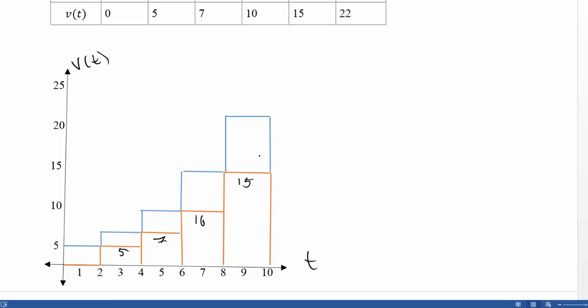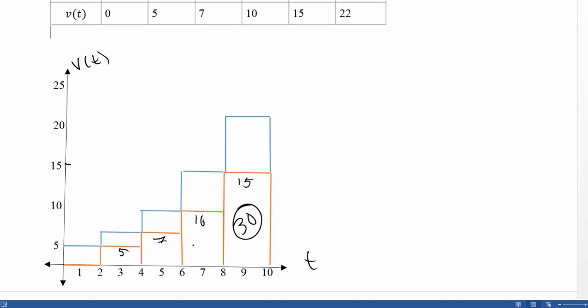And then in order to get the area of each block, we are doing our rate, which is the height of the block, times our time, which is 2 seconds for each, or the width of the block. So if we do 2, which is the width, times 15, which is the height, that's our y value, we get 30.